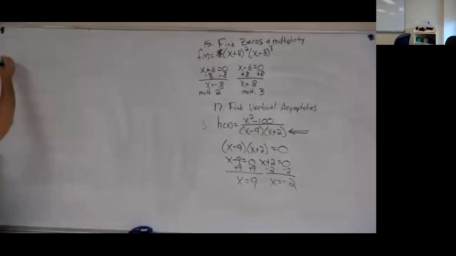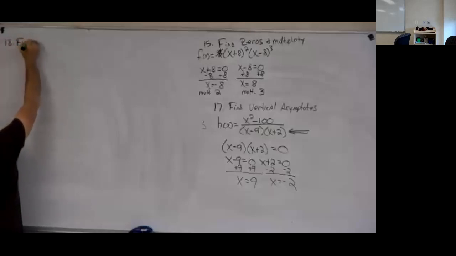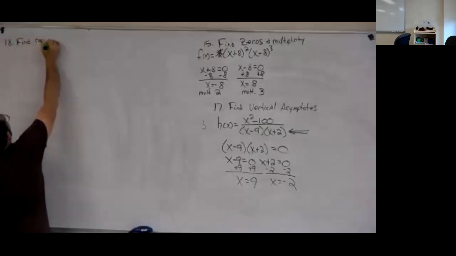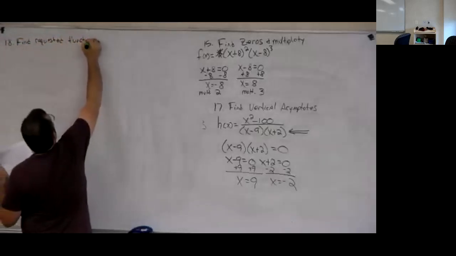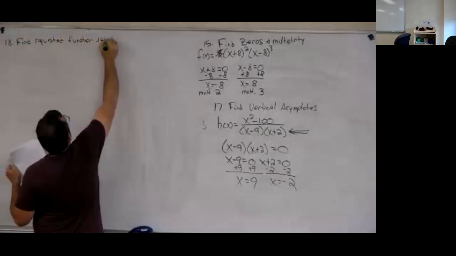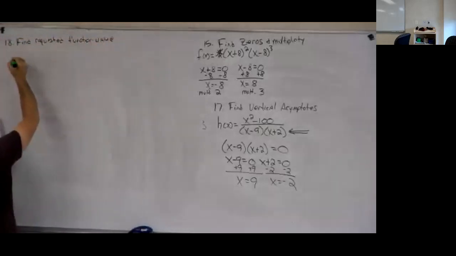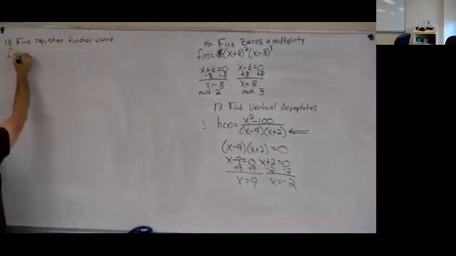Oh, 18, let's see what they want. Find the requested function value. So f of x equals negative 5x plus 9.